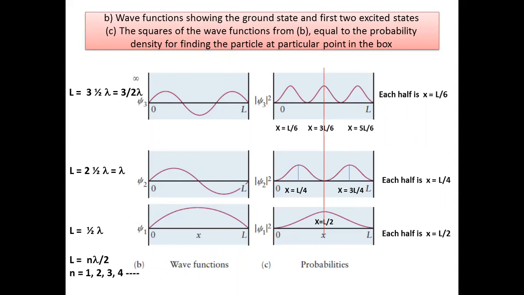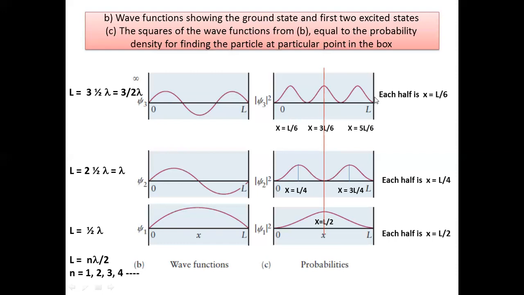Similarly, this position would be 4L by 6, which means 2L by 3. Then when it jumps over here, this position would be 5L by 6, and when the electron moves over here, this will become 6L by 6, which is L.